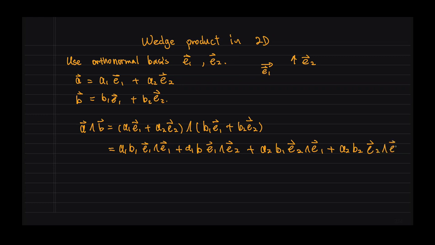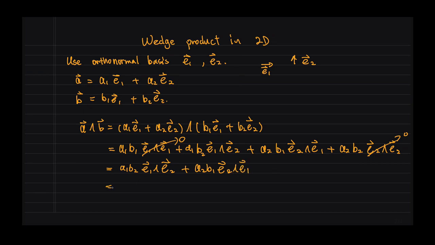We said the same vector wedged with itself is always equal to 0 because it does not generate any surface, so these two terms go to 0. Then we are left with A1 B2 E1 wedge E2 plus A2 B1 E2 wedge E1.